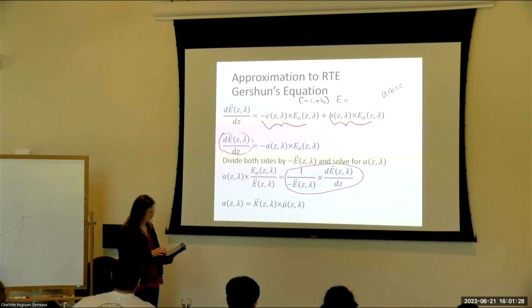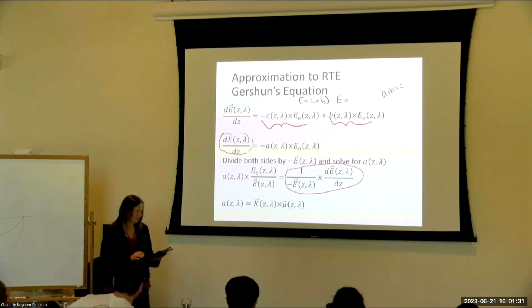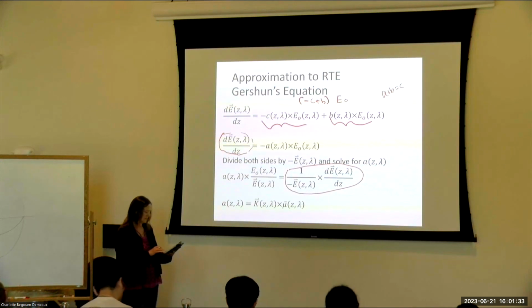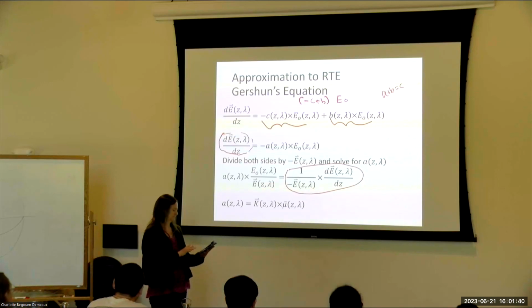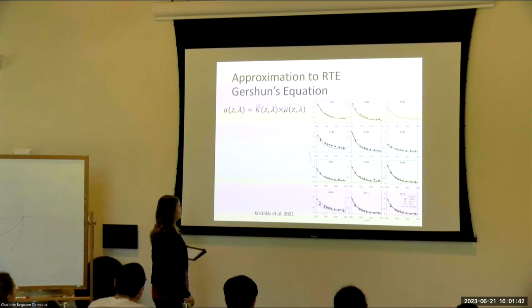And so people have done it. And we did it on an experiment a couple of years ago. And Meg showed this example on day 2, 3, 2, from this paper, from Kostakis.